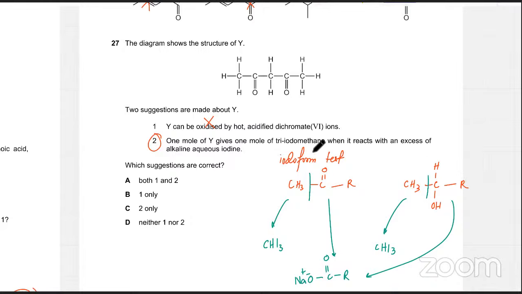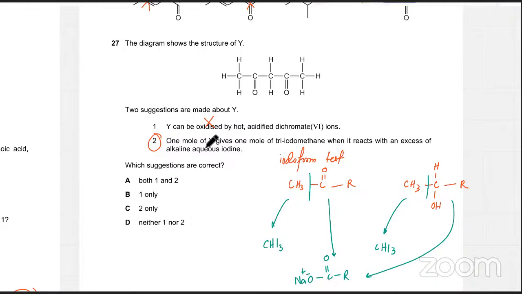In both cases, if you add alkaline aqueous iodine, yellow triiodomethane precipitate is formed, and the rest of the molecule turns into a carboxylic acid, or a salt of the carboxylic acid if the conditions are alkaline. And always remember, whenever a carboxylic acid is formed, whether by hydrolysis of esters or otherwise, if the conditions are alkaline, never write carboxylic acid. It results in the formation of a salt of the carboxylic acid.